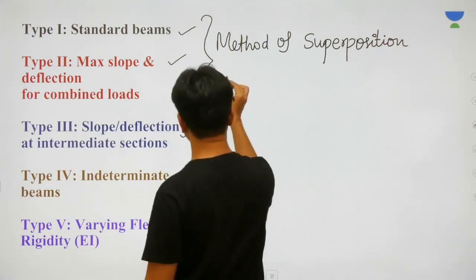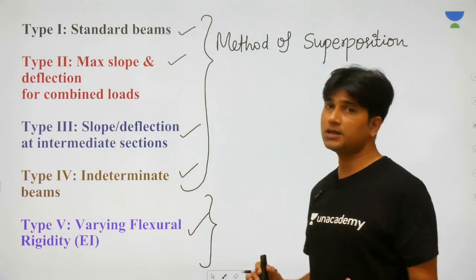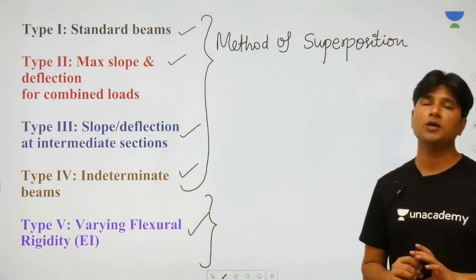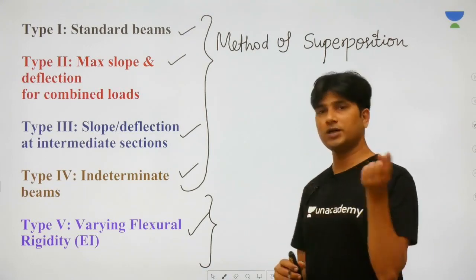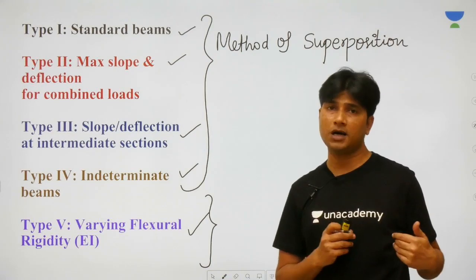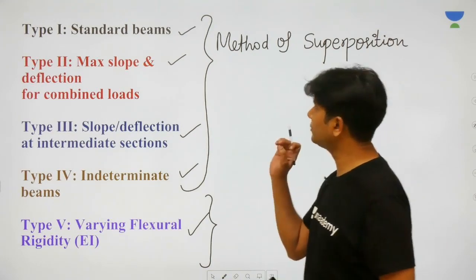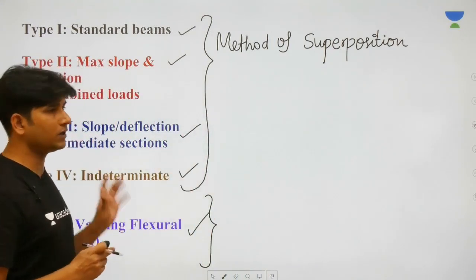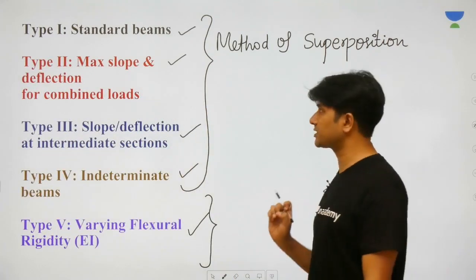Just in case you have not watched part 1 and part 2, please go back and complete them and then come back to this. Why? Because this is a continuation of part 1 and part 2. First complete those 2 videos and then come here, then only you will be able to connect and understand.